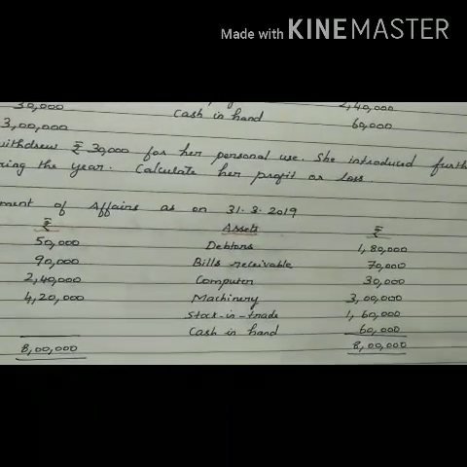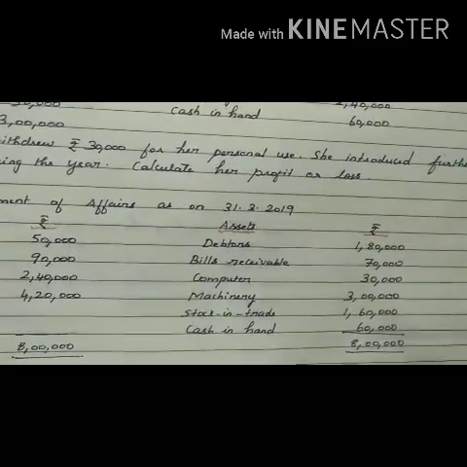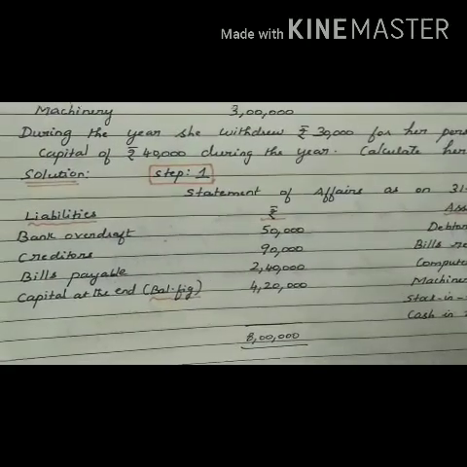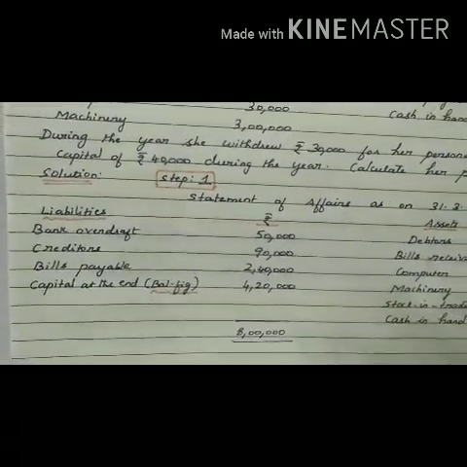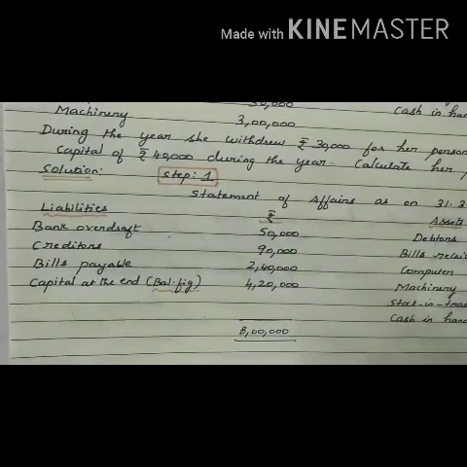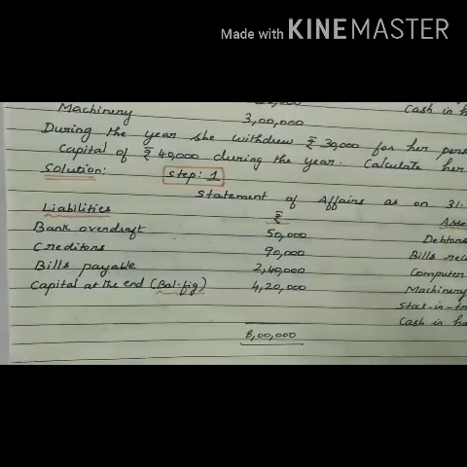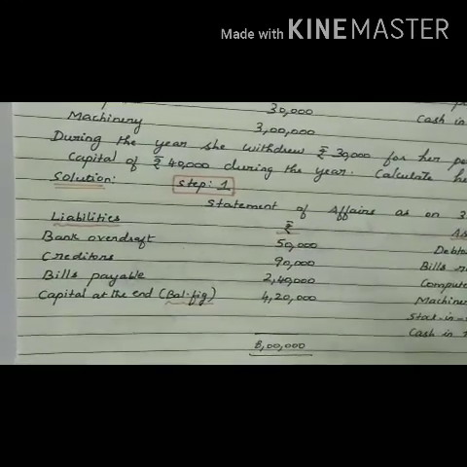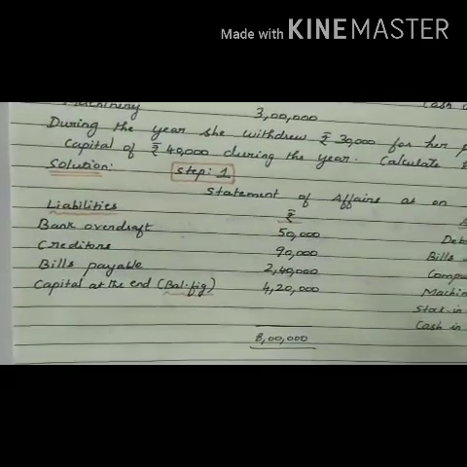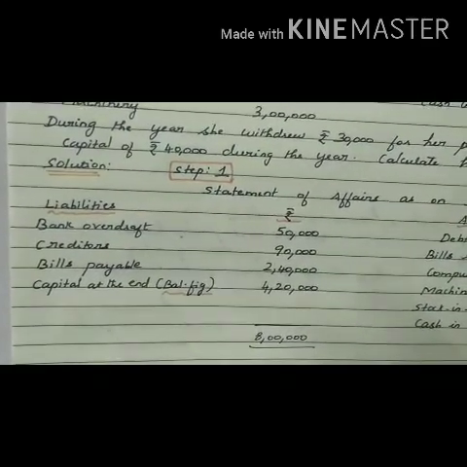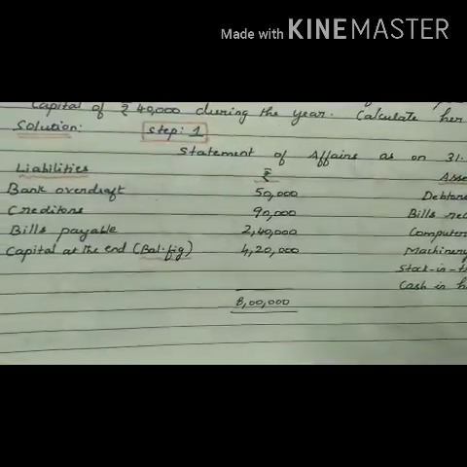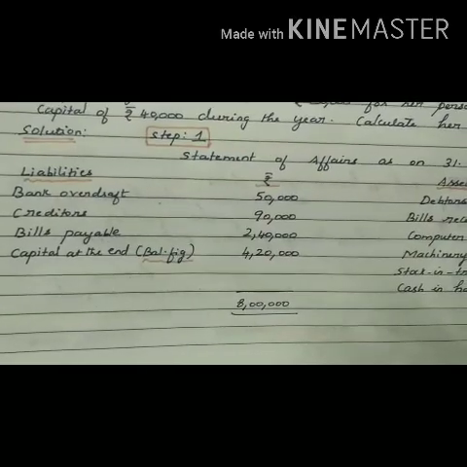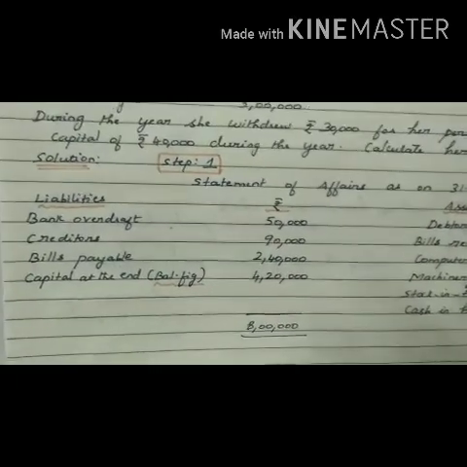When you add up all the assets, it comes to 8 lakhs. Now if you find the difference between the total of assets and the liabilities, considering the bank overdraft, creditors and bills payable, the difference is the capital at the end, the balancing figure 4,20,000. So this 4,20,000 is going to be the closing capital.